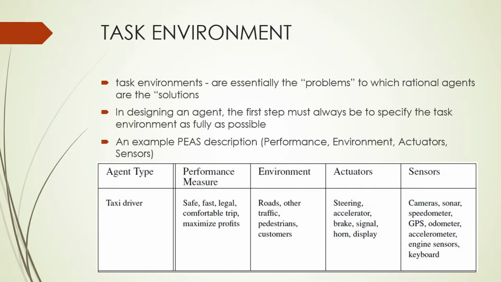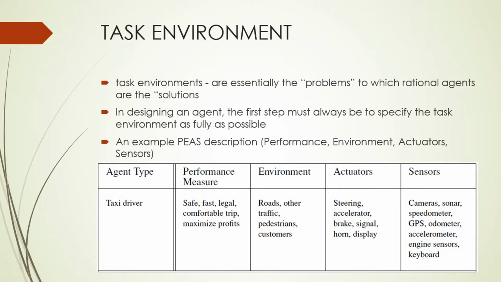Here we can specify the agent type. For example, let's look at a different example where you want to come up with a robot which is a taxi driver. So the agent type here is taxi driver, and for the performance measure, we think of the performance that we require of the agent. We want it to be safe, fast, legal, comfortable, and to maximize profits within the trip.